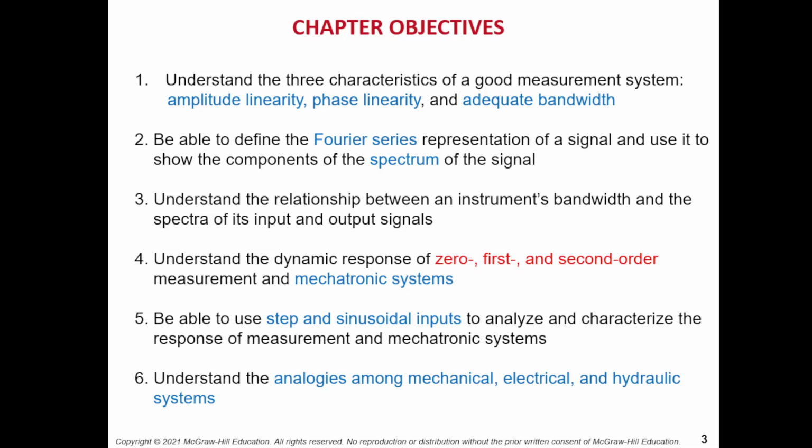That's why we want to model your system as zero order, first order, or even second order. In that way, you can design your system, right? If the system is too complicated, it's hard to design it.